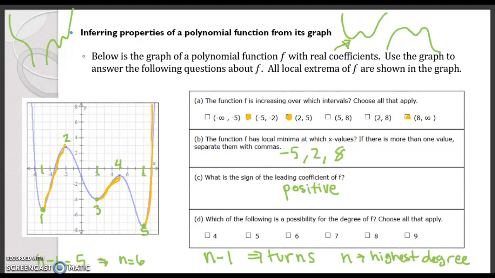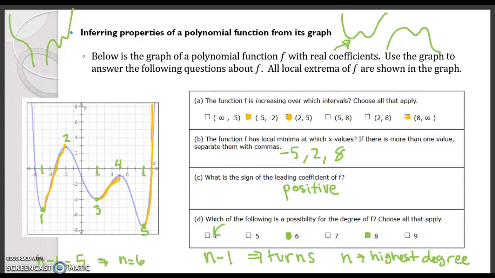Now this is the least amount. So we couldn't have 4 because a degree 4 would have 3 turns at most. Okay. Well, it's not 5 because it's an even degree because it opens up. It could be a degree 6, but it also could be a degree 8.